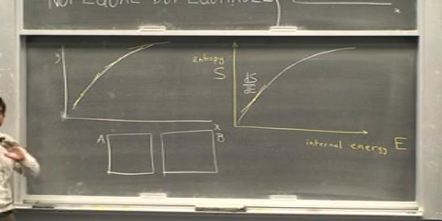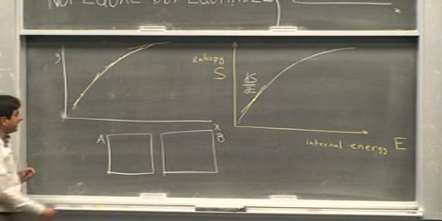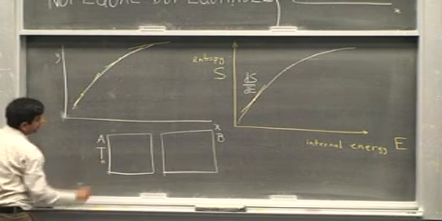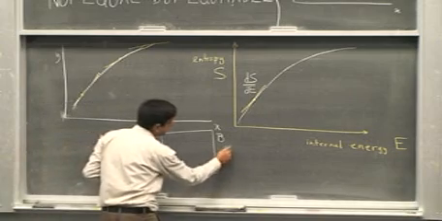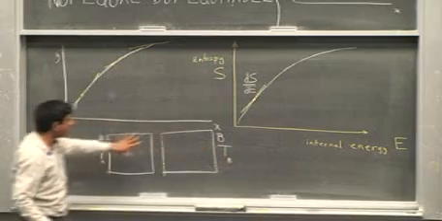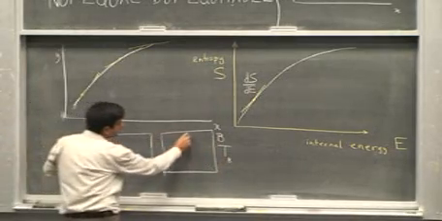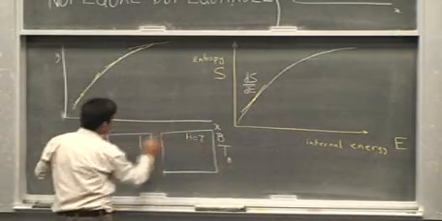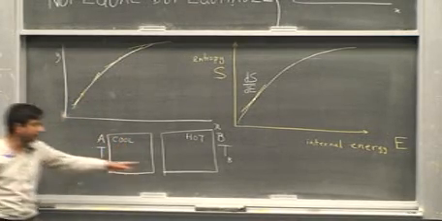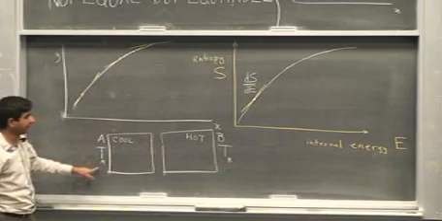So the oscillators are the same in both of these objects, and this object is kept at a temperature Ta, this object is kept at a temperature Tb, and this temperature is higher than this object. So this is hot and this is cool. Tb is higher than Ta.